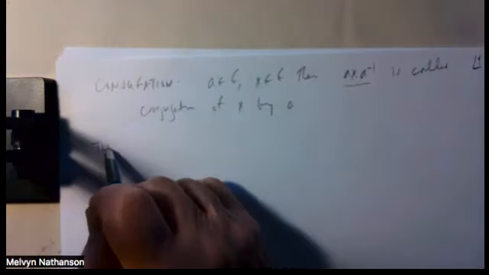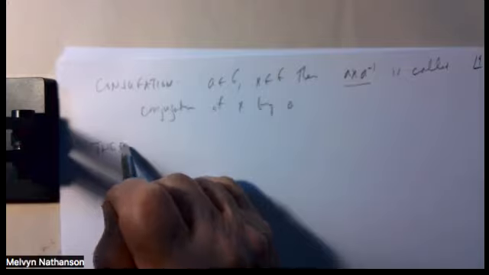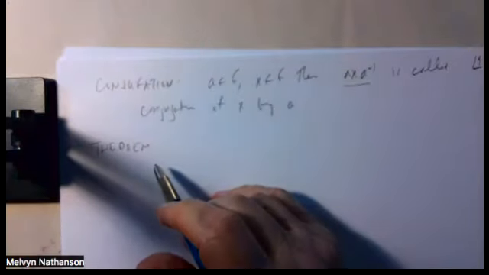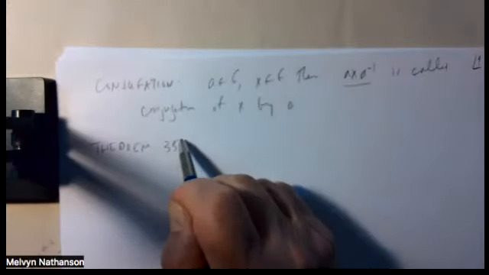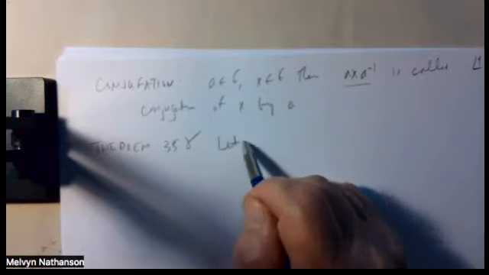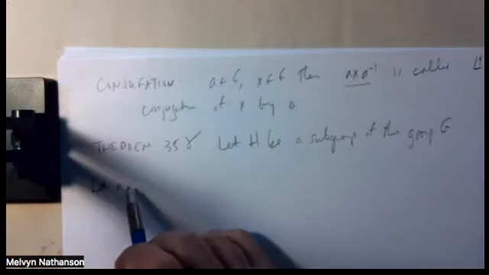And so this is our next little theorem, 35 gamma. Let H be a subgroup of the group G, let A be in the group, and then we look at what we get.